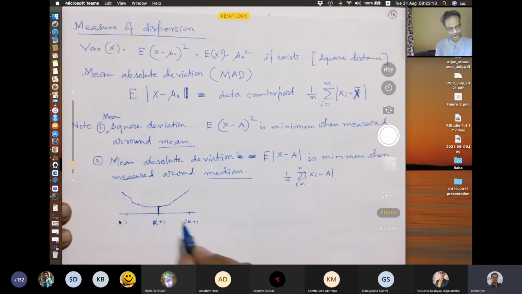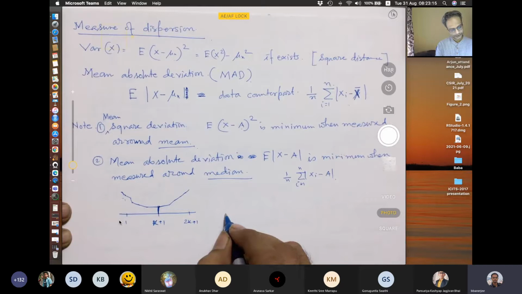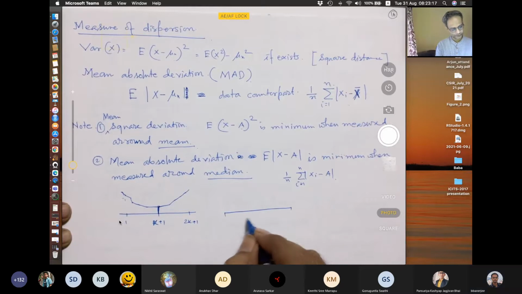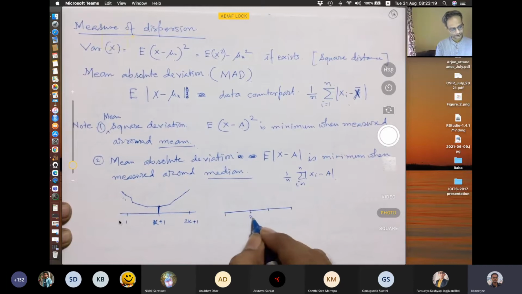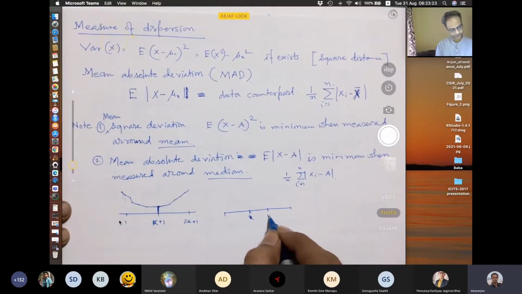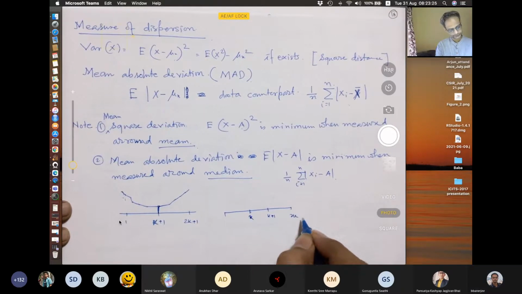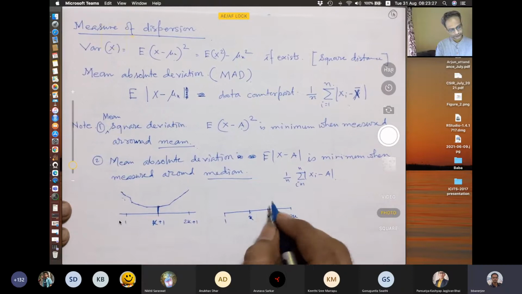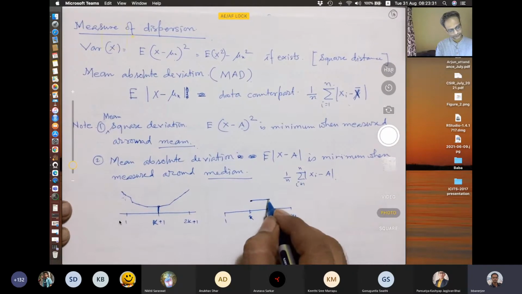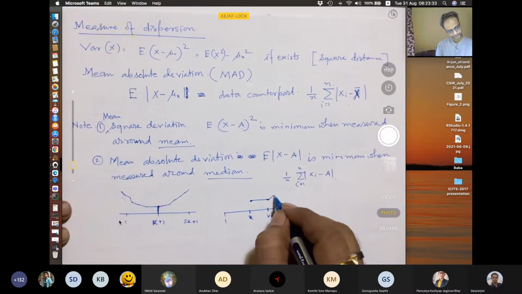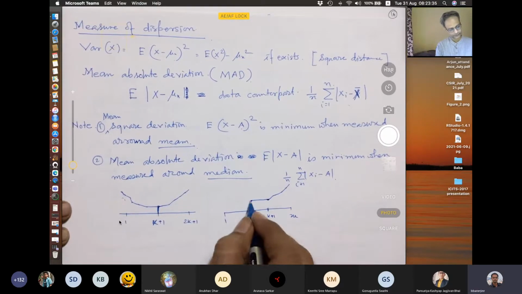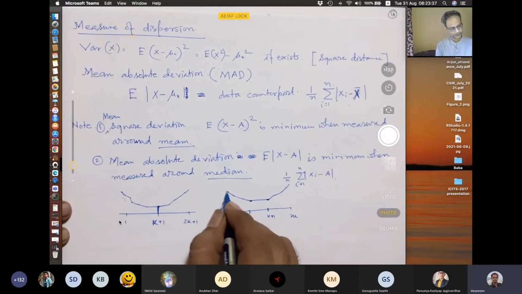But if you have 2k data points, the minimum will be attained for all points between k and k plus 1, and then it will gradually increase.